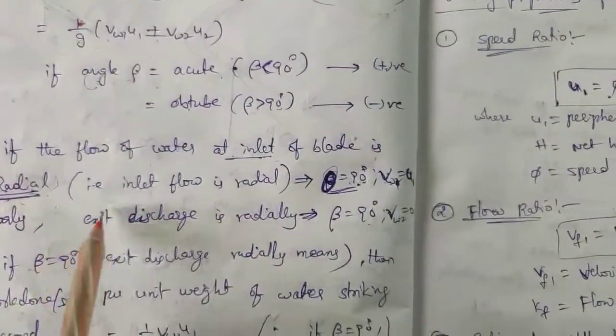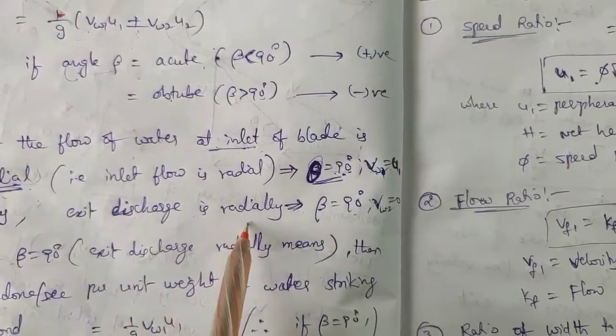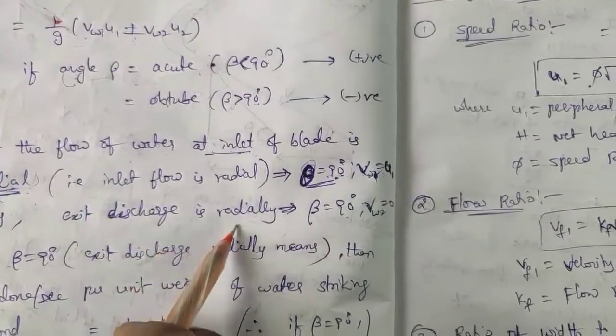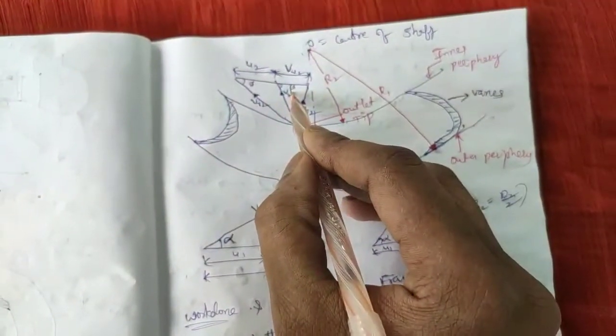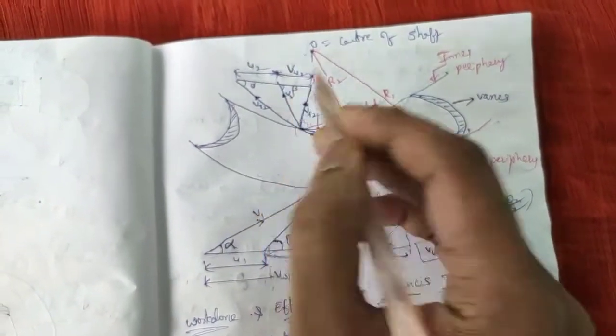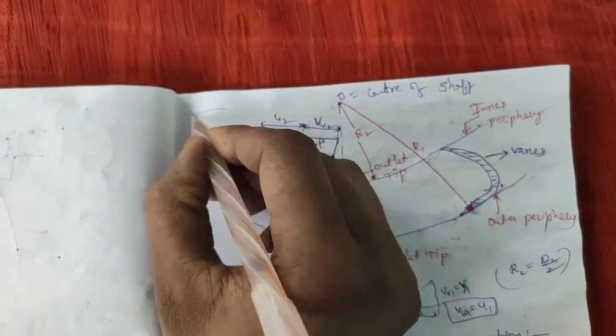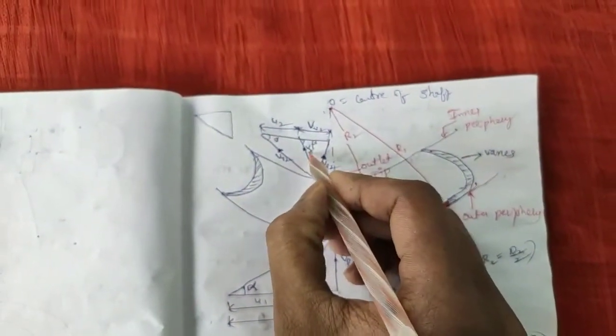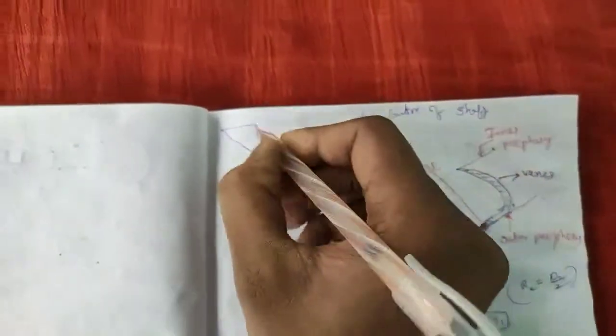In the same way, if exit discharge is radial in the given problem, we take beta equal to 90 degrees. So when beta equals 90 degrees, the triangle is like this: this V2 side overlaps with VF2.